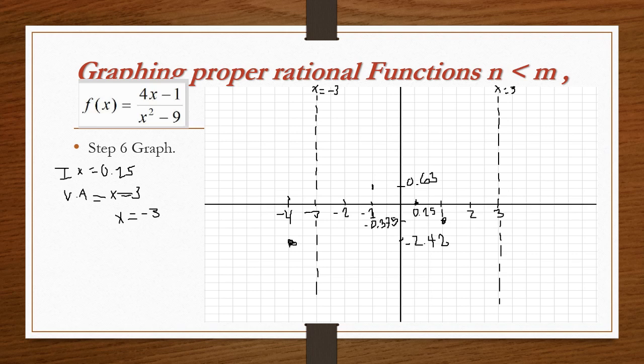And then we have 4 and 2.14. So here we got 4 and 2.14.